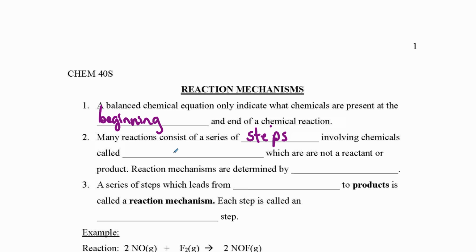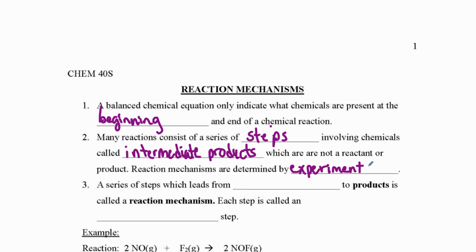And the steps produce things called intermediate products. So these are just chemicals that are formed throughout the reaction as a way to get from the reactants to products, but they don't actually appear in the final net equation or the balanced chemical equation. So the only way we can determine these steps, this reaction mechanism, is through experiments.